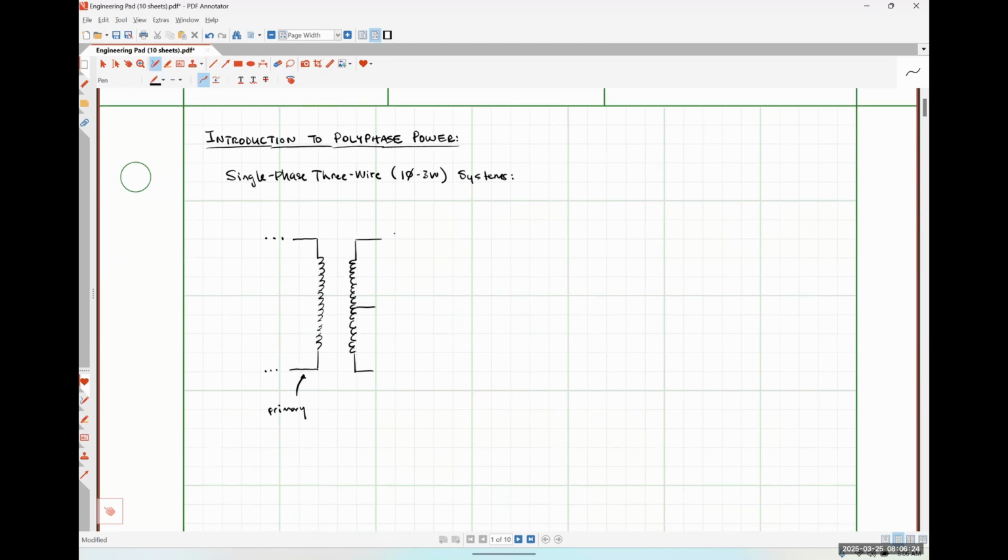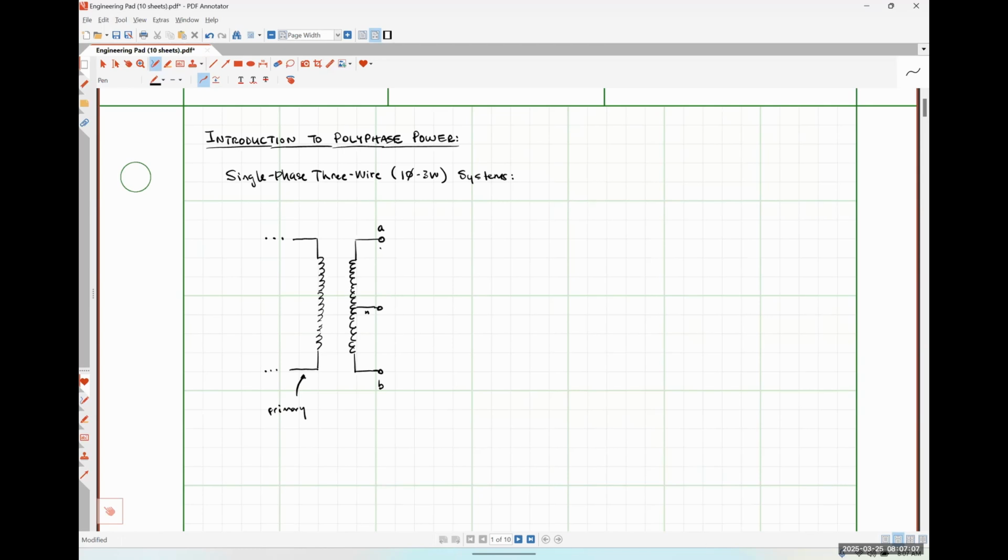So I'm going to call this terminal of my center tapped secondary up here a lowercase a, where usually I use lowercase letters to indicate that we are on the source side of the system that we're looking at. And then I'm going to use uppercase letters in a little bit to indicate that we are on the load side of the system that we are interested in. So I'm going to have A on top, B on bottom, and N for neutral here in the middle.